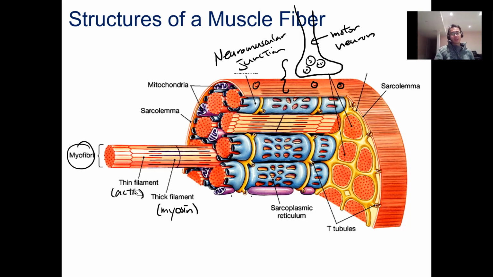So it also is a major component of your muscle. So we have the actin and myosin, which make up a sarcomere. So here, that's one sarcomere. And you have thousands of them connected end to end. Of course, there are all your normal things: your mitochondria, your ER, probably some Golgi as well.